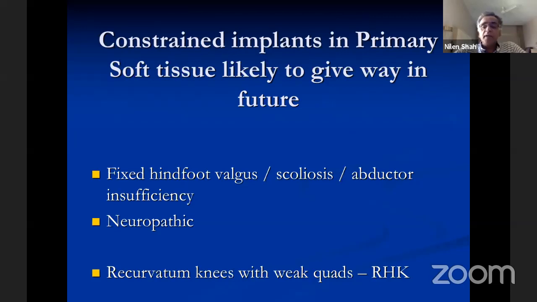Similarly, if the patient has gross scoliosis or abductor insufficiency or neuropathic joint, as I have shown, there should be a slightly lower threshold to put in a varus valgus constrained knee.